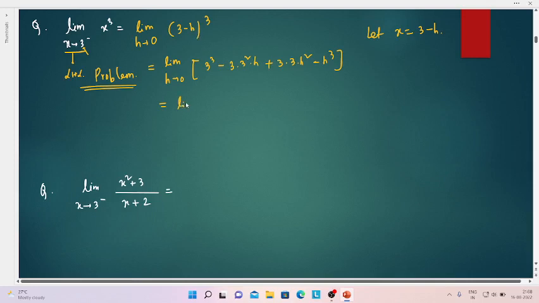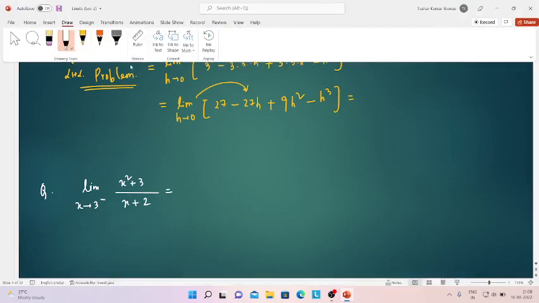So it will become limit h tending to 0 of 3 cube which is 27, minus 3 times 3 square, which is 27h, plus 3 times 3 which is 9h square, minus h cube, right? So that part we can substitute the value here.